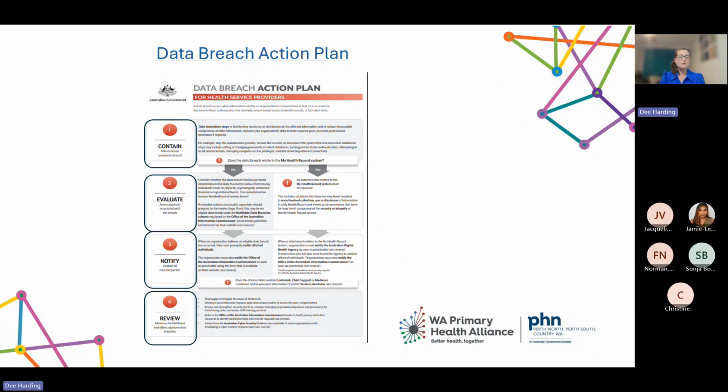Some steps may include setting or changing passwords on client databases, turning on two-factor authentication, attempting to recall any unread emails, changing computer access privileges, and disconnecting internet connectivity.